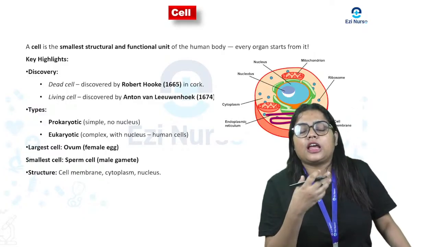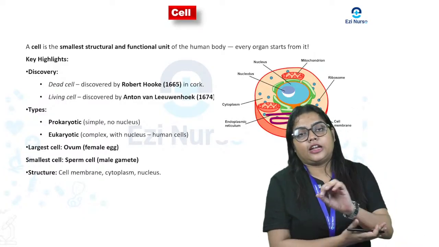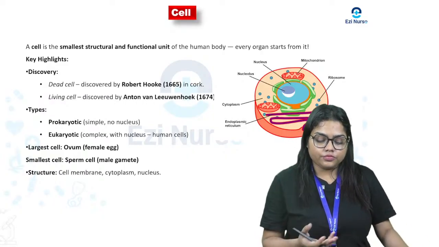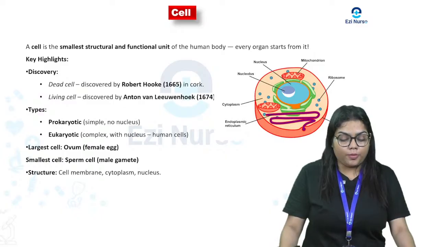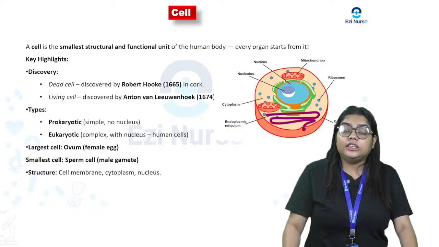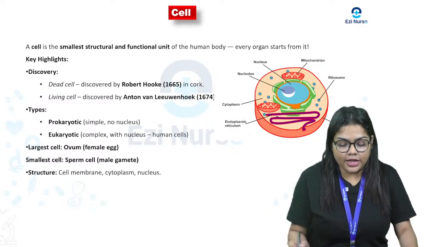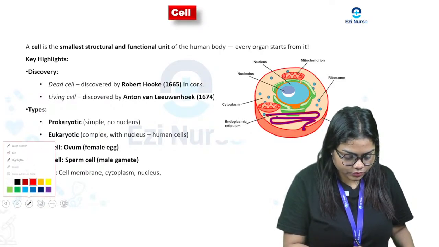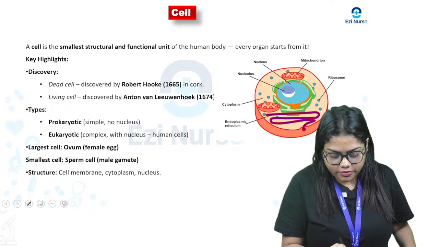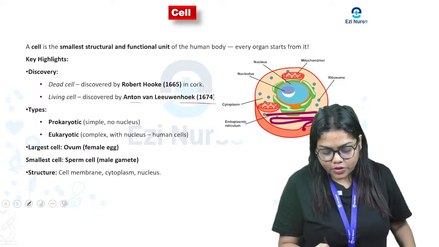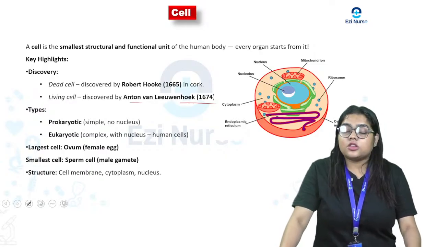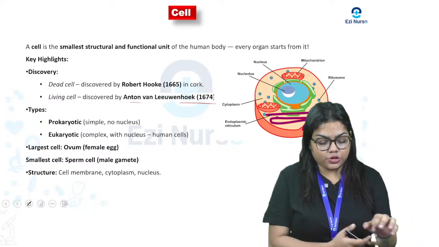If the question is asked, what is the first cell that was discovered or by whom, that will be a dead cell discovered by Robert Hooke. But the first living cell was discovered by Anton van Leeuwenhoek, around 1674.